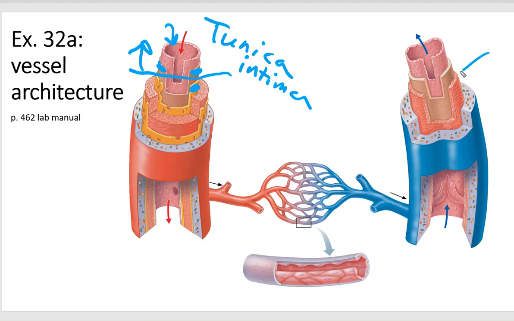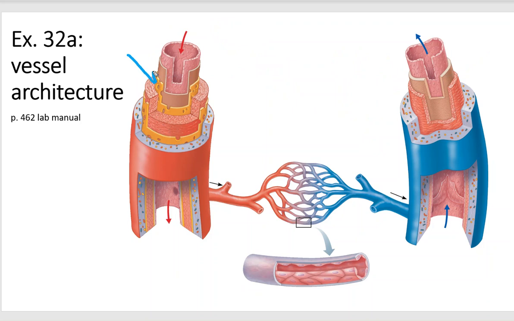See, on this side, on the vein, there is no internal elastic lamina. So that is a defining characteristic for an artery. And that is that layer right there, part of the tunica intima, that curly phone cord looking thing.